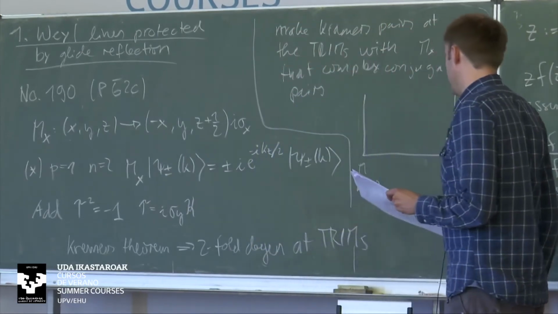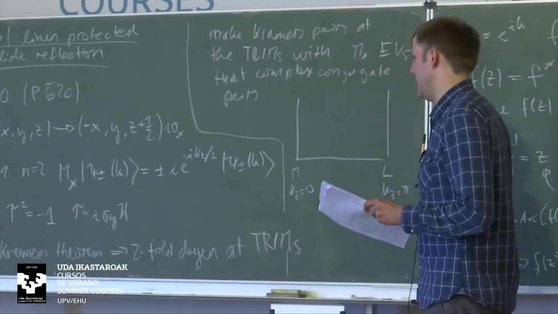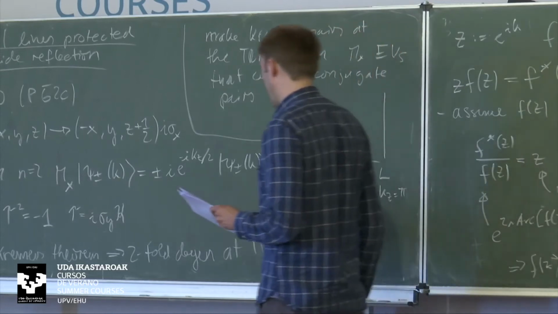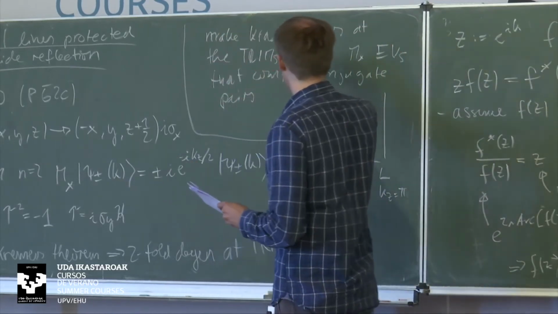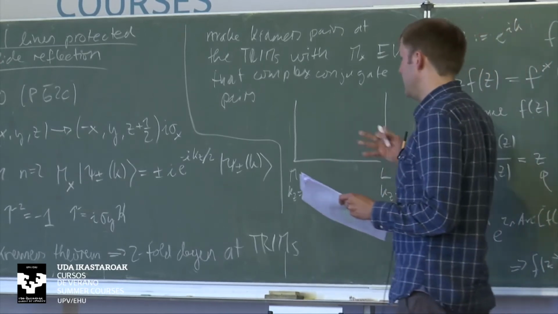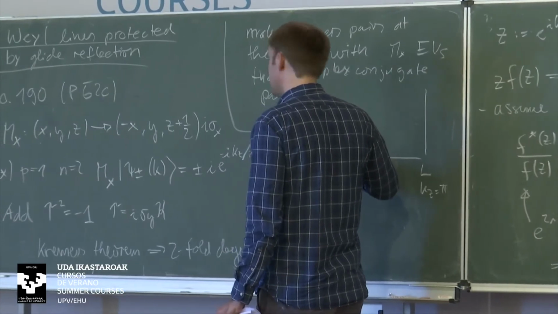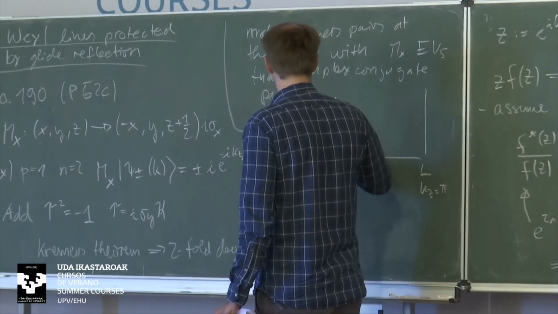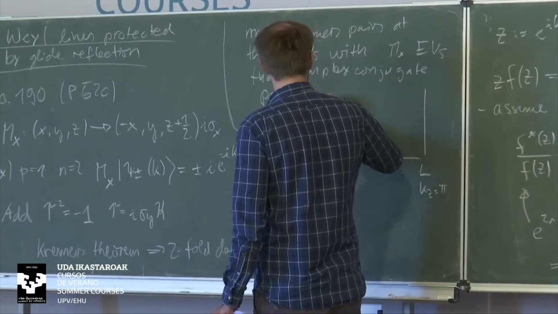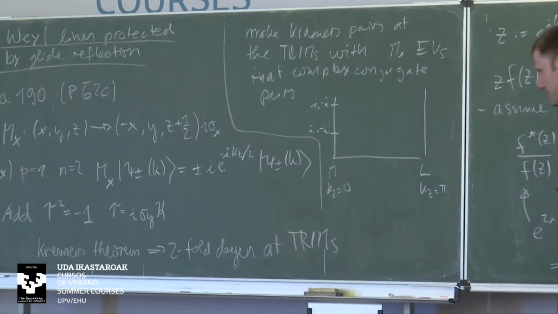At k_z equals 0, this is just 1, and I get eigenvalues plus i and minus i. So the only two possible eigenvalues are plus i and minus i. So how can I form a Kramers pair here? I have to pair these two different eigenstates, so on this side I have to pair states with eigenvalue plus i and minus i. That's always the case. For all the bands, you will pair states with eigenvalues plus i and minus i.